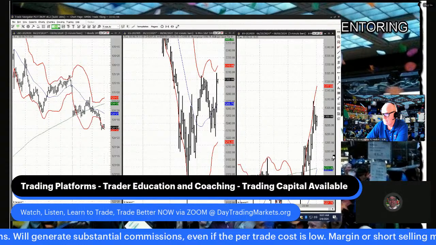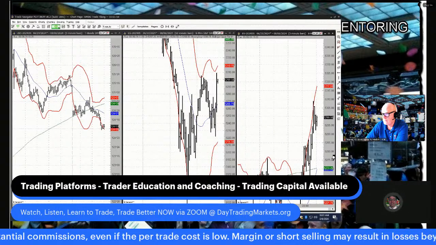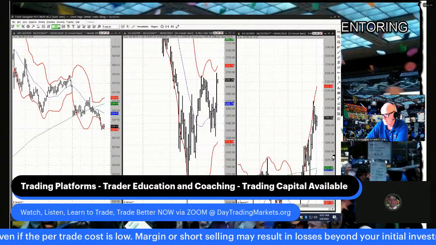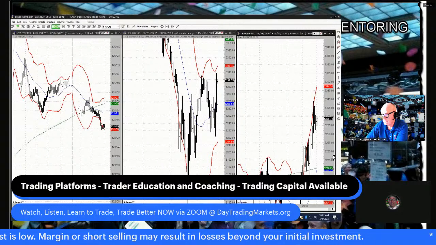Now we got support down at the 75 area, and next upside resistance is up at the 19.